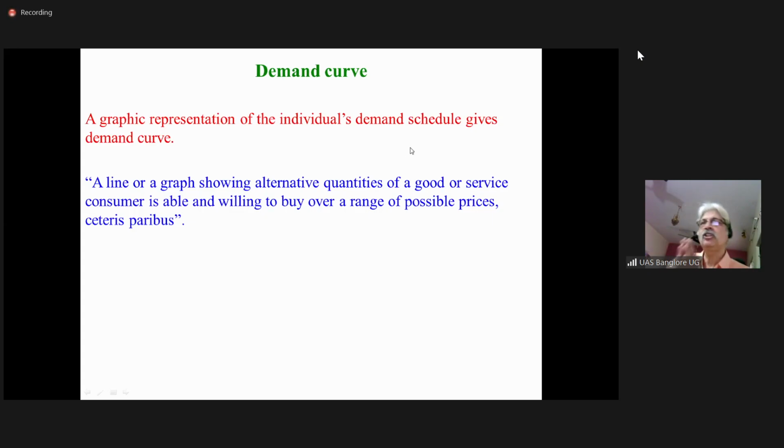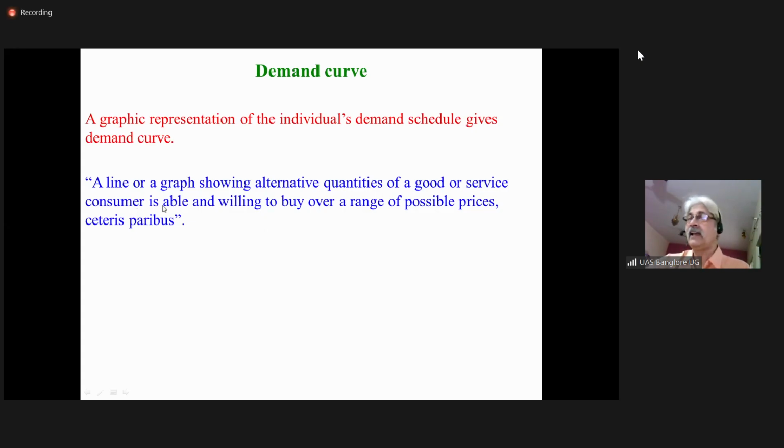proper definition of demand curve, then we can define demand curve as a line or a graph showing alternative quantities of a good or service consumer is able and willing to buy over a range of possible prices, ceteris paribus, keeping everything else constant.